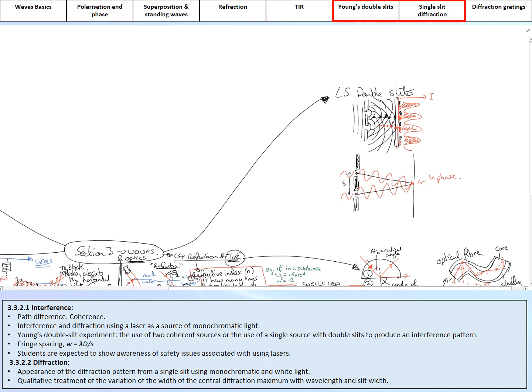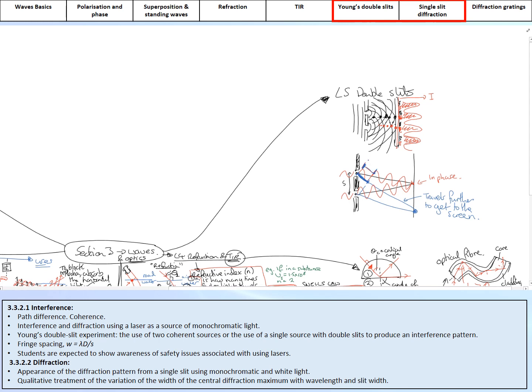Now, to get the next bright patch down here, we have to have a longer distance. The light from the top slit travels a longer distance to get to the screen. So, in order to get constructive interference here, this distance, this extra length, let's do it in blue to match up with the other one.